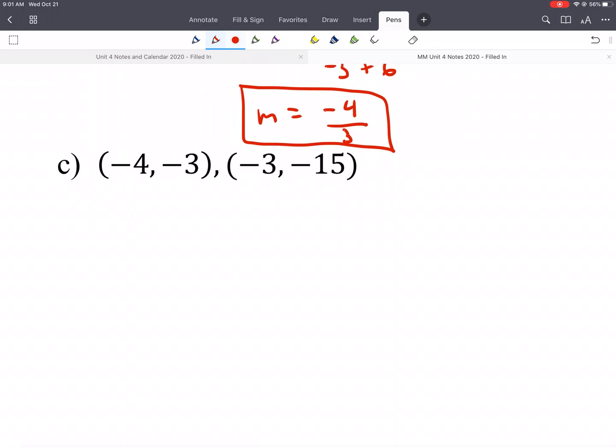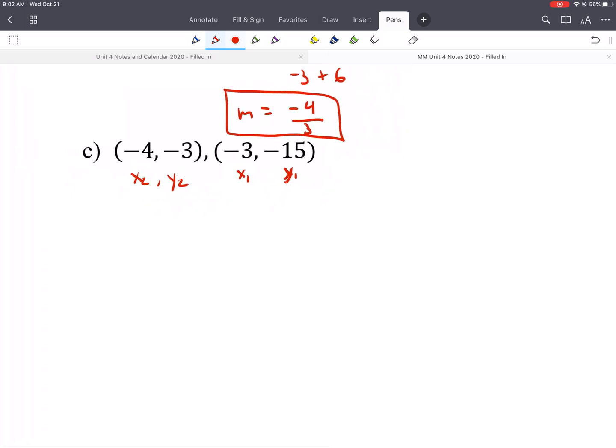All right, so hopefully you gave that a try, and let's see what we come up with. Just for the heck of it, I'm going to have my x1 and y1 on that side, and x2 and y2 on that side. If you did it differently, it doesn't matter, you'll end up getting the same answer. So m is equal to the difference of the y's, so negative 3 minus a negative 15 over our x's, so we'll do negative 4 minus a negative 3.